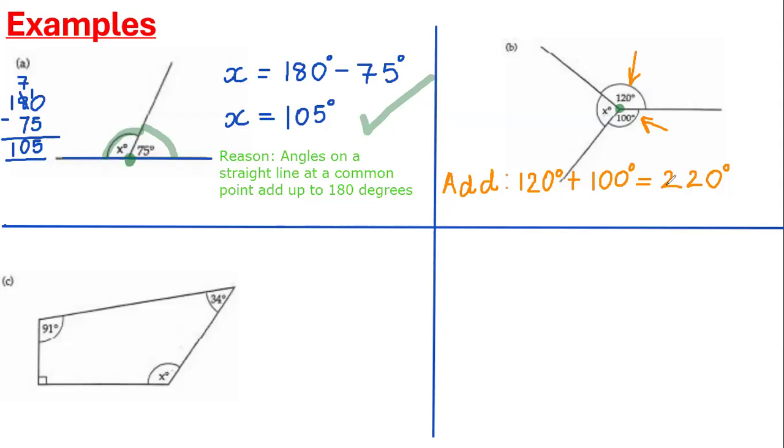All right. Next, we need to subtract, right?